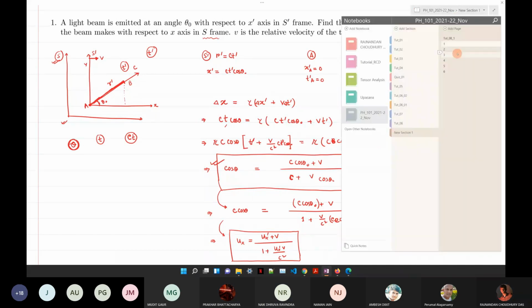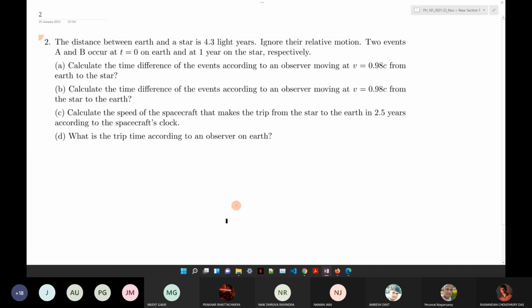Question number 2. In question number 2, the distance between Earth and star is given. Suppose we have Earth here and star here, and this distance is 4.3 light years. Ignore relative motion. Two events A and B occur at t equal to 0 on Earth and 1 year on the star.